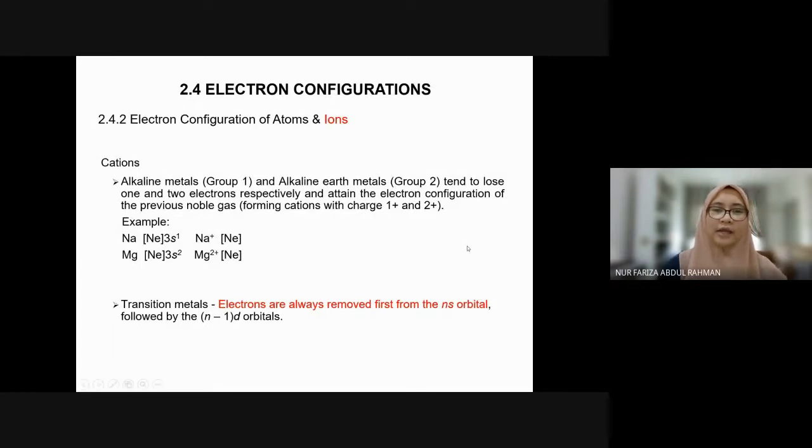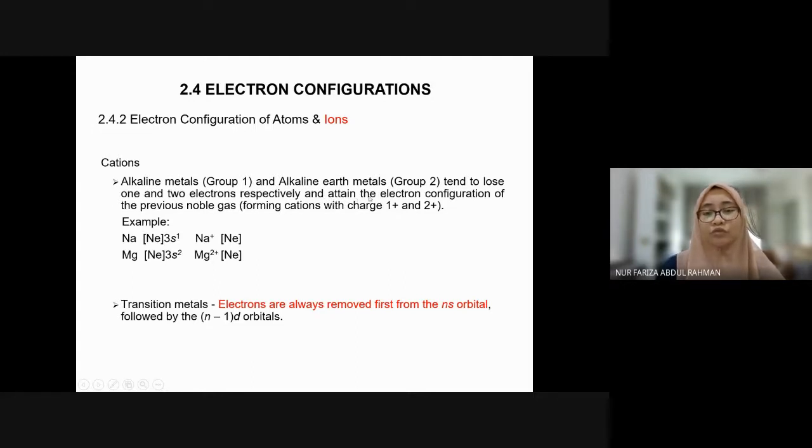So cation sama juga. An anion has to accept electron. Cation on the other hand has to remove the electron. We have alkali metal and alkaline earth metal, group 1 and group 2. These two tend to lose 1 and 2 electrons respectively. Kenapa nak remove the electrons?